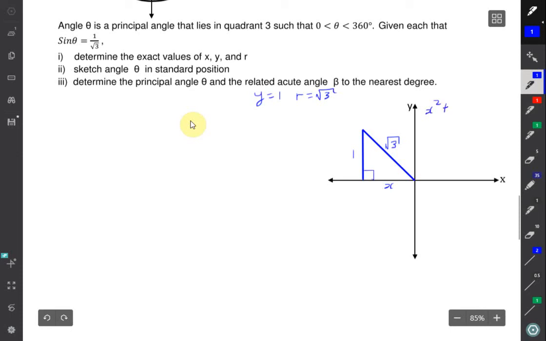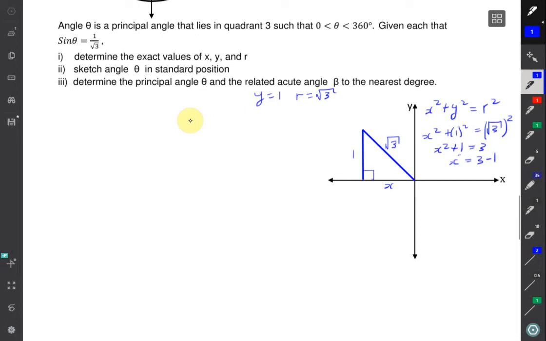x squared plus y squared is equal to r squared. x squared plus 1 squared is equal to the root of 3 squared. x squared plus 1 is equal to 3. Bring the 1 over and change the sign, or subtract 1 from both sides. x squared is equal to 2.